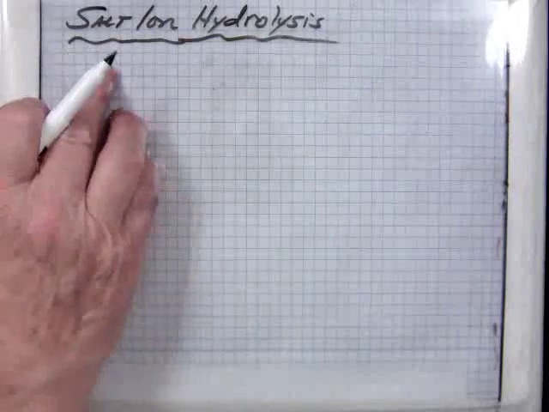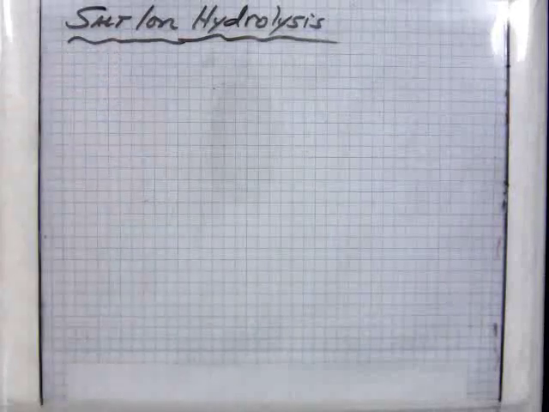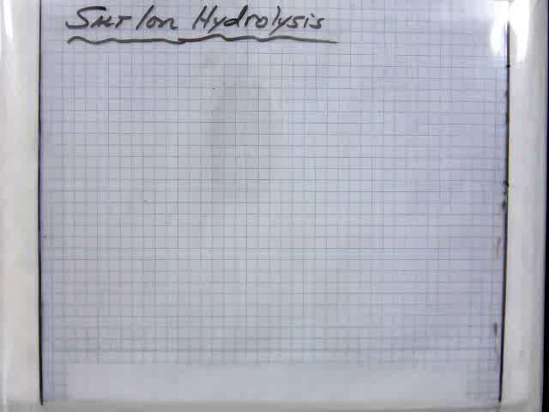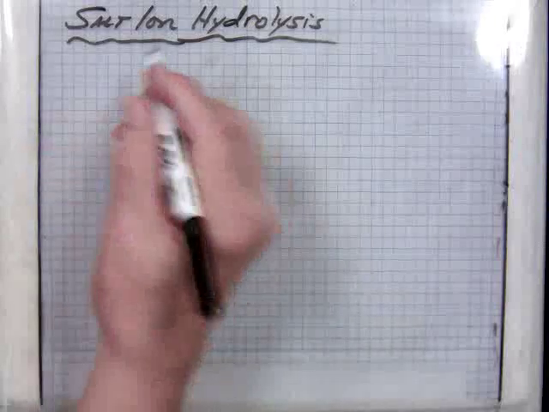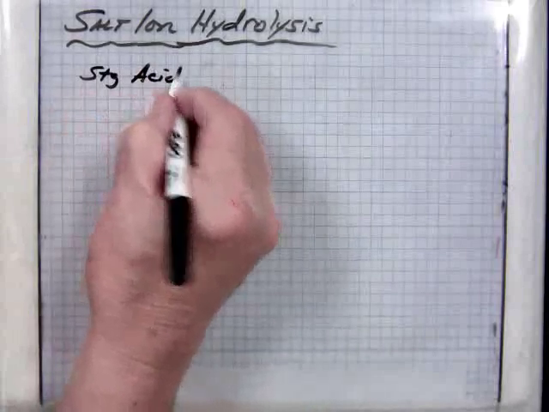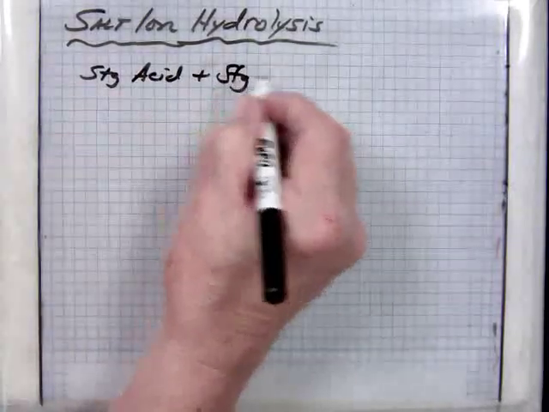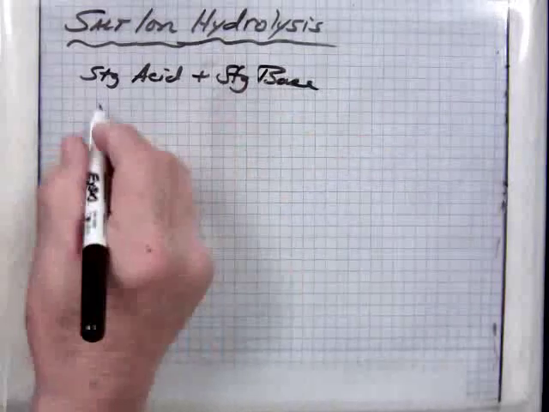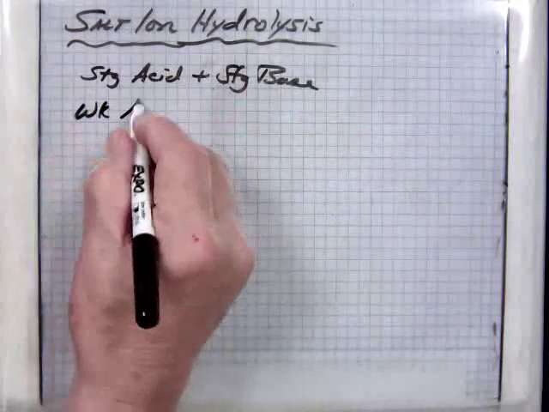In order to understand how this works, you need to understand what the 4 acid-base titrations are, and they're very simple. You have a strong acid, strong base titration. You have a weak acid, strong base titration.